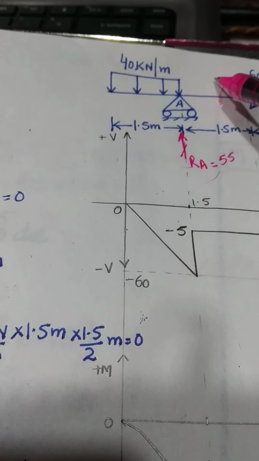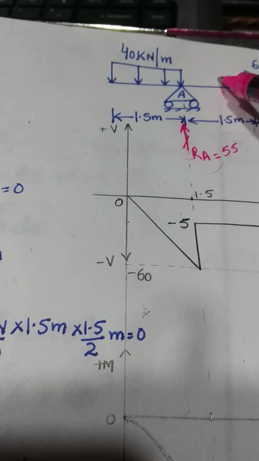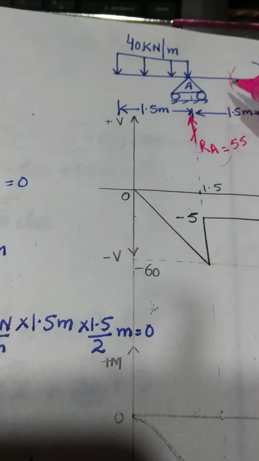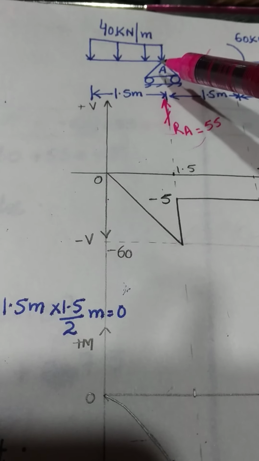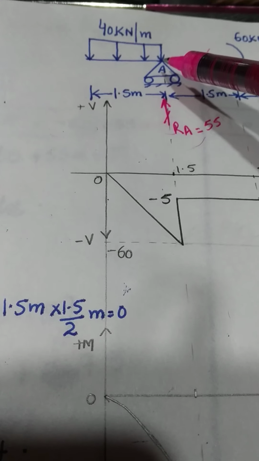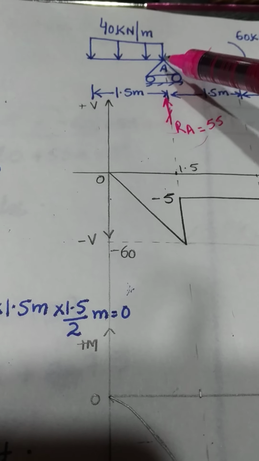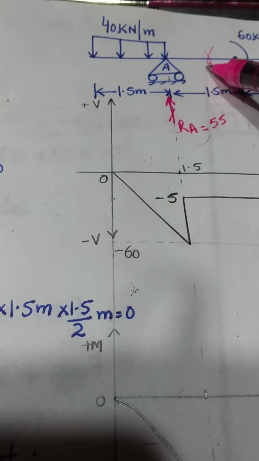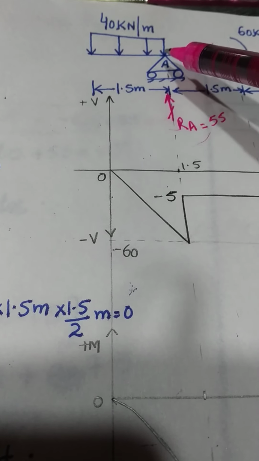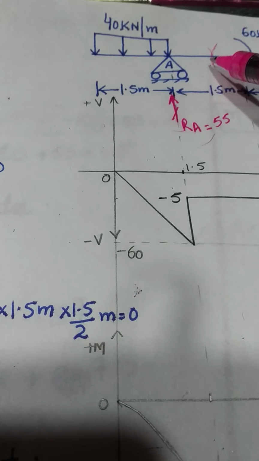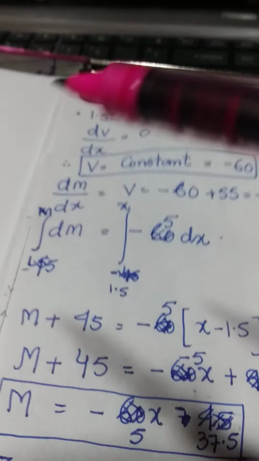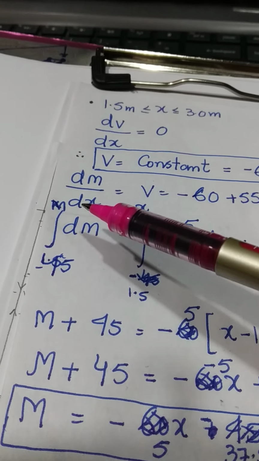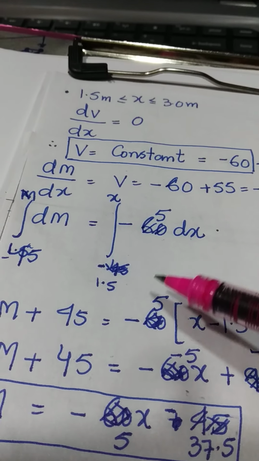At this point, let's suppose the bending moment value is M. How much is the value of x at the start? 1.5. So x goes from 1.5 to x, and the bending moment varies from minus 45 to M. So the integral of dM, with bending moment varying from minus 45 to M, is equal to the integral of minus 5 dx.